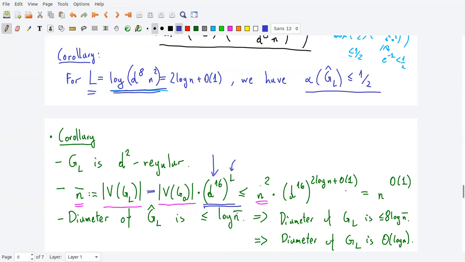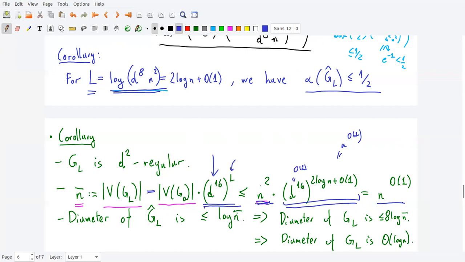So how can we bound this? Well, L is logarithmic in n, so it is bounded by, say, 2 log n plus order of 1. So this is bounded by n squared times some constant to the power order of log n. So this is still polynomial in n. All in all, we have a polynomial in n times a polynomial in n, resulting in a polynomial in n bound.